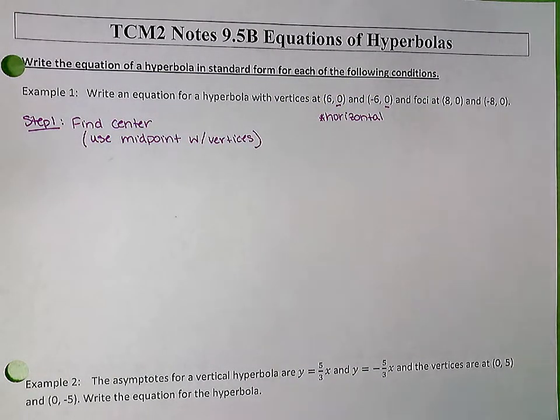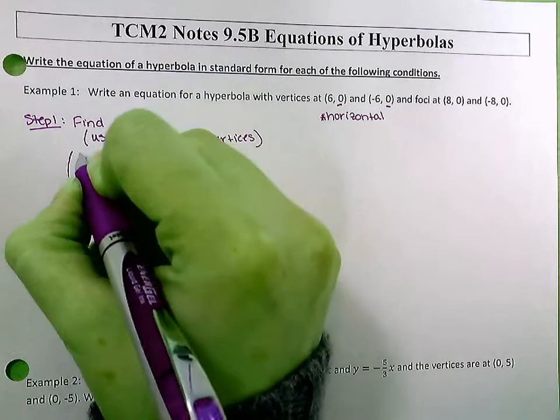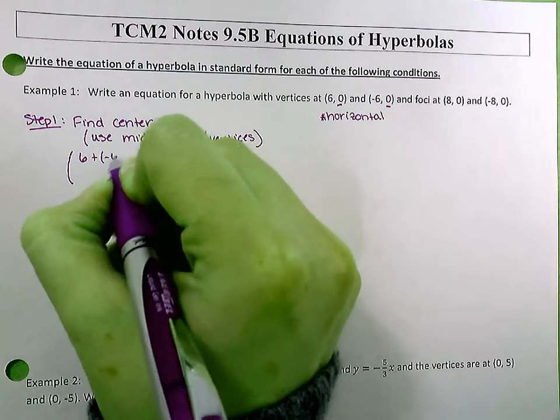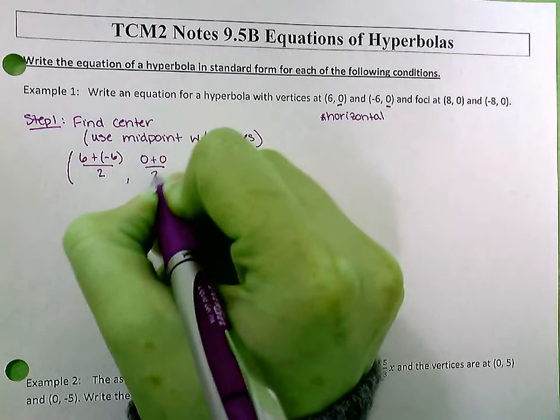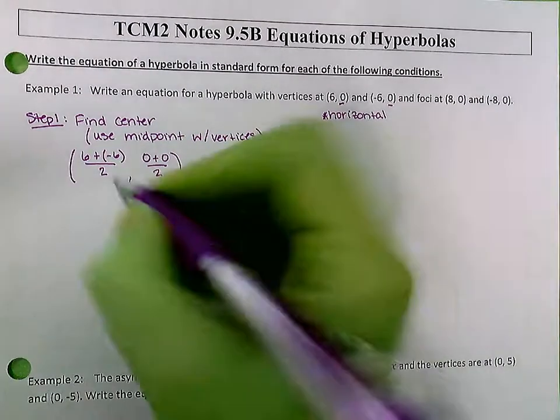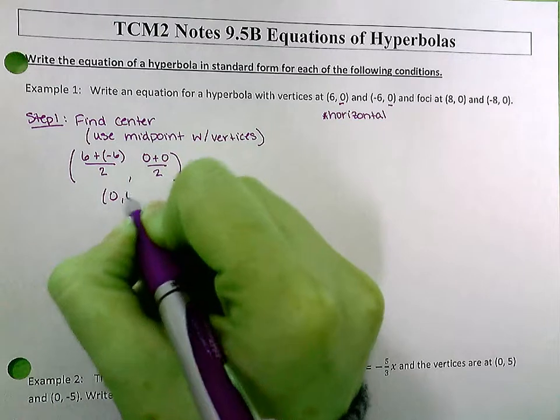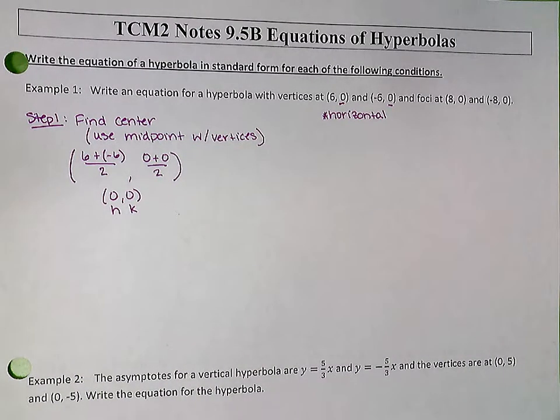So plugging that into my midpoint formula, I have 6 plus negative 6 over 2, and 0 plus 0 over 2. So I do end up with (0, 0) as my center, and that is your h and k value.